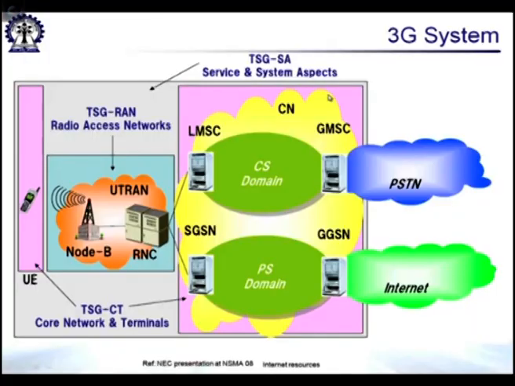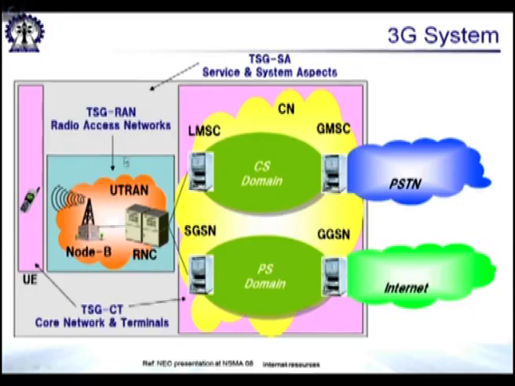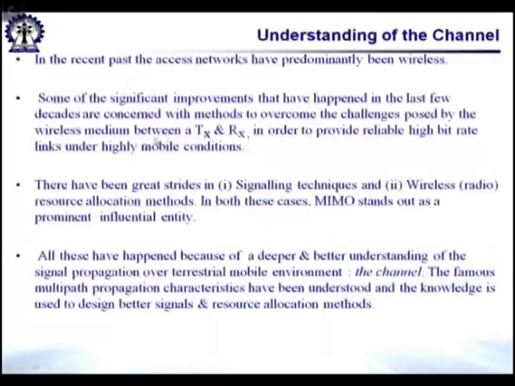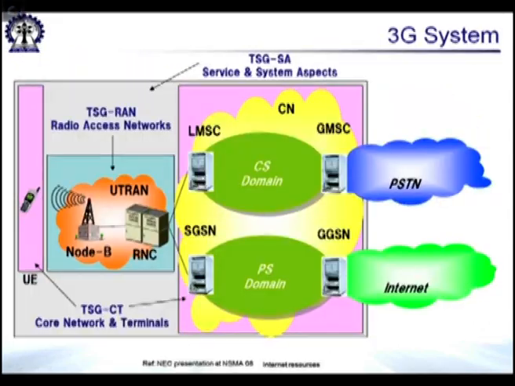This is a typical picture of a 3G system, where again we have the radio network controller, the UTRAN, clearly written radio access network, which consists of several such E-node Bs or base stations and several such user equipments.